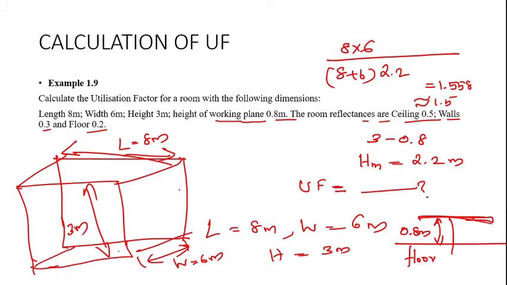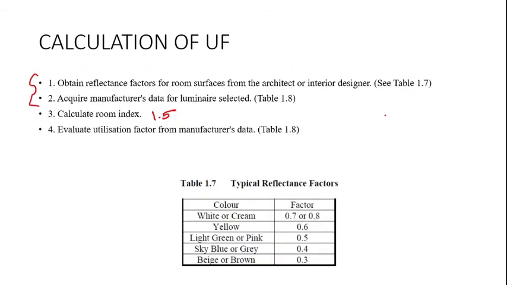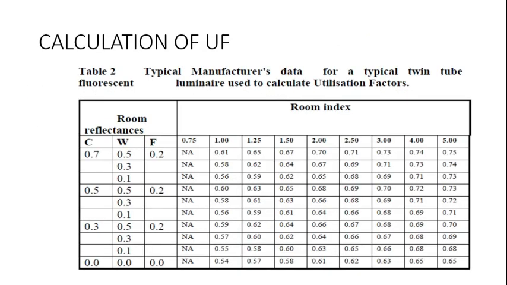Then after calculating the room index, you have to observe this table 2, which is typical manufacturer's data for a typical twin tube fluorescent luminaire, used to calculate the utilization factor.